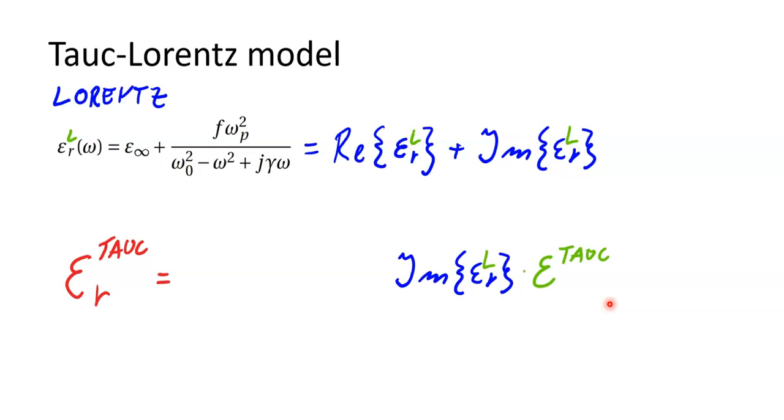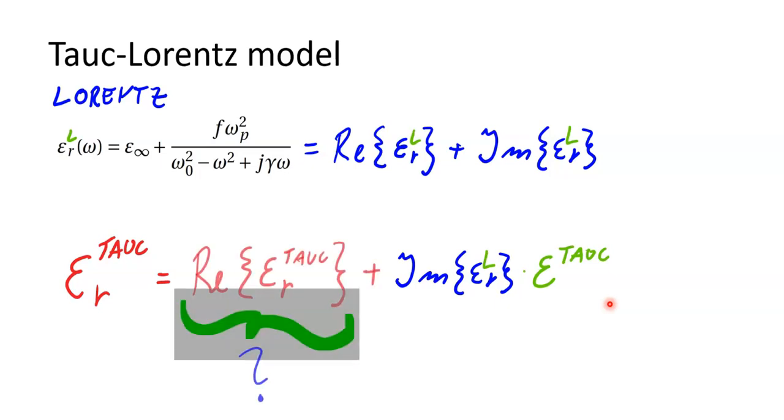To get the complete permittivity function, we also need the real part. In this case, the real part is not simply a real part of the Lorentz model, but it needs to be evaluated from the imaginary part using the Kramers-Kronig relations.